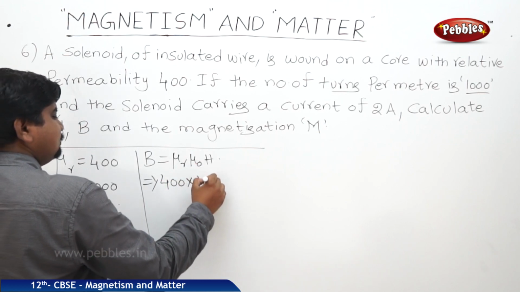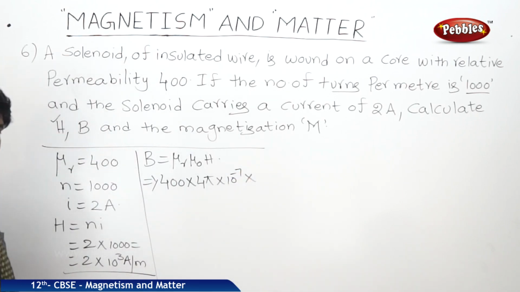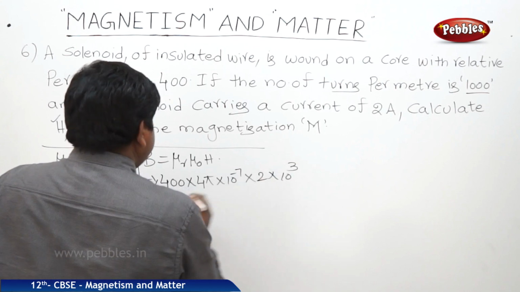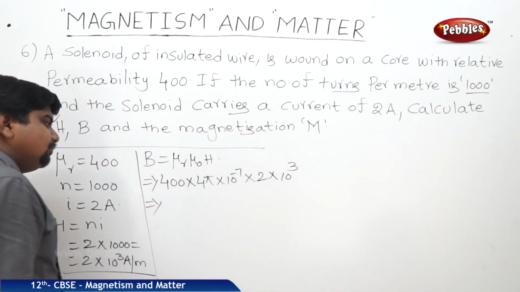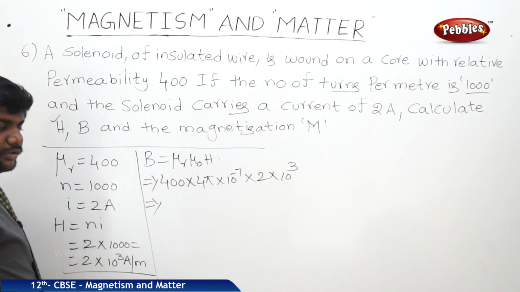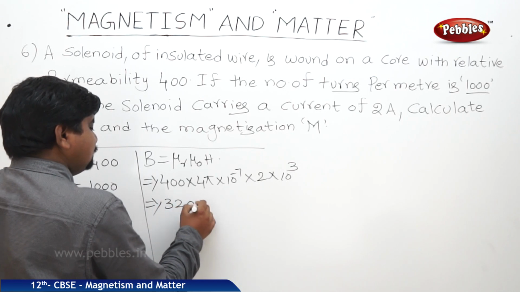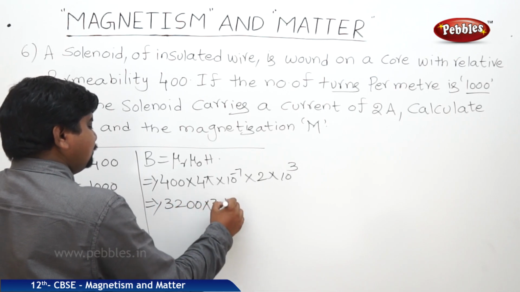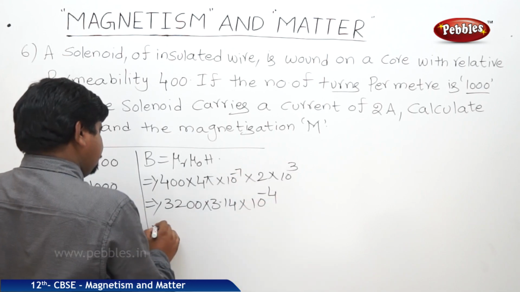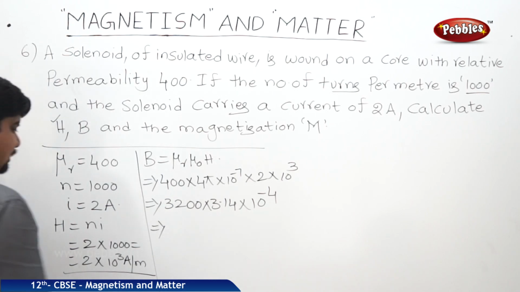Mu naught is 4 pi into 10 to the power of minus 7. H is equal to 2 into 10 cube. So we will get 400 into 4, 1600. 1600 into 2, 3200 into pi, 3.14 into 10 to the power of minus 4. So approximately we will get 1 Tesla.